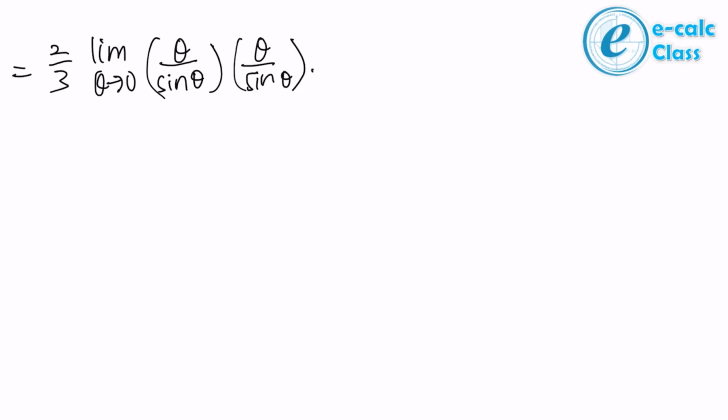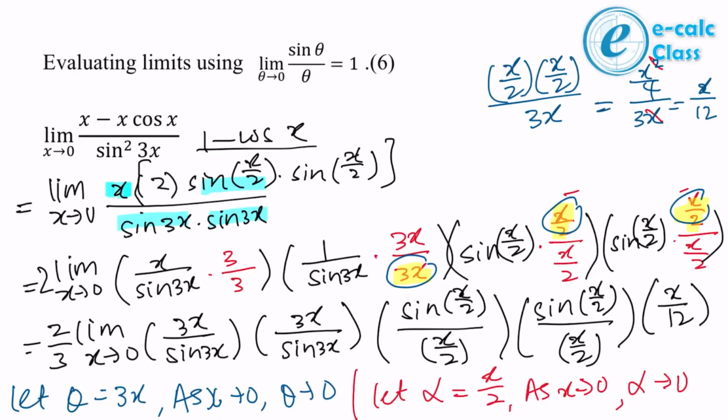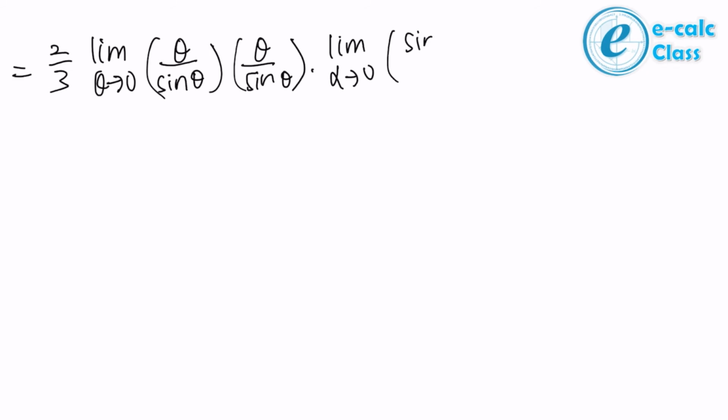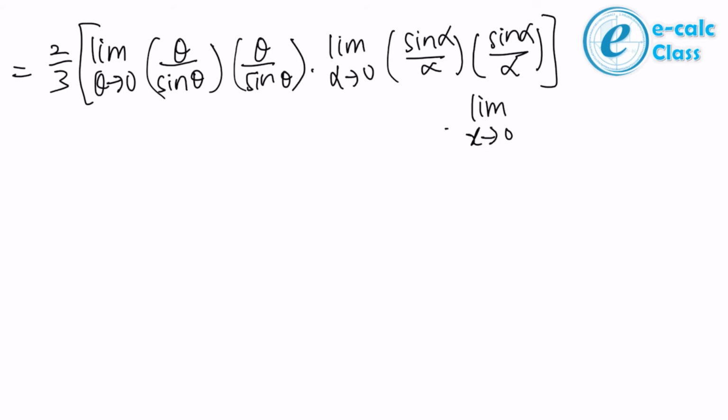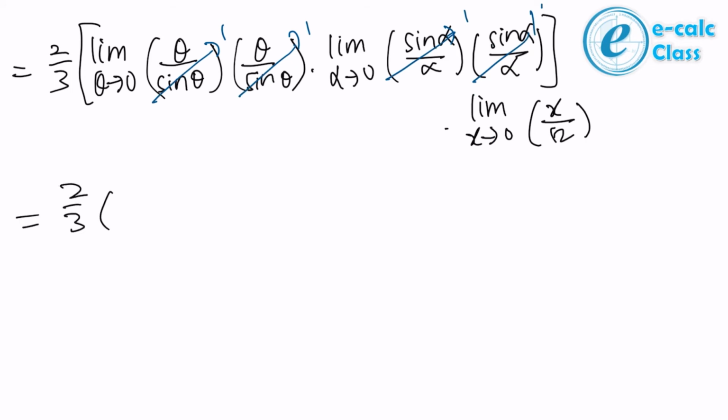So it will be times the limit as alpha approach 0 of sine alpha over alpha, then the whole thing times the limit as x approach 0 of x over 12. You know that this is actually 1, 1, 1. So 2 over 3 times 1 times 1 times 0, which is 0.